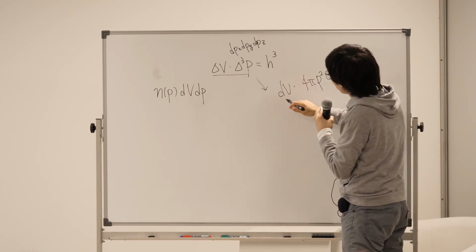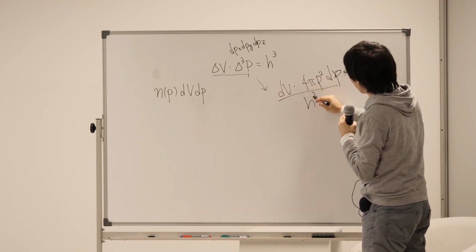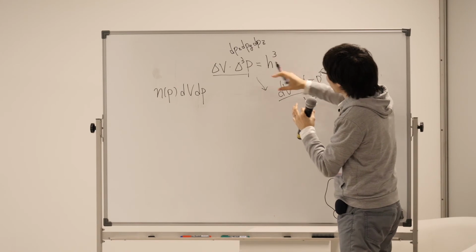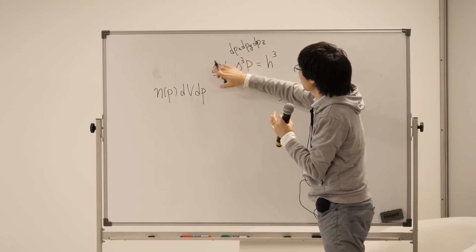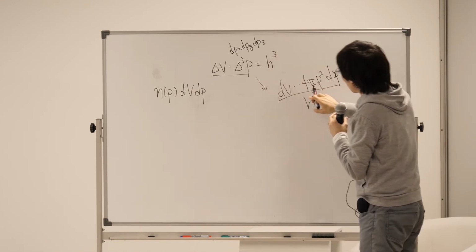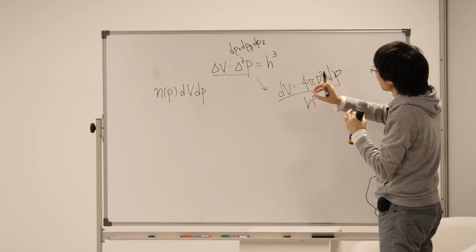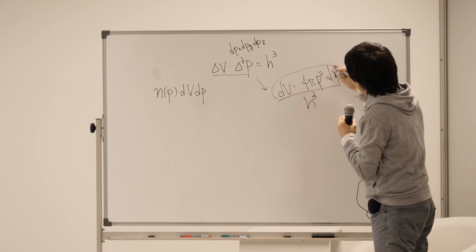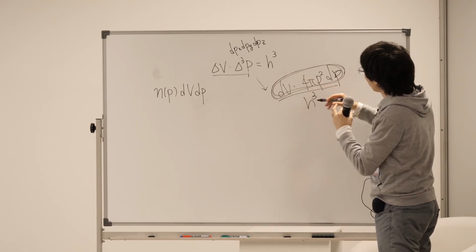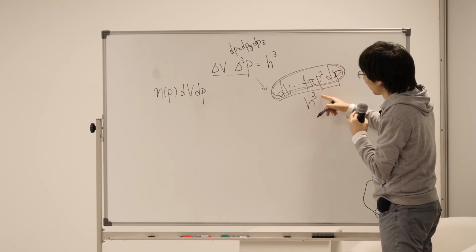So how many electrons in this volume can be written in this way, because one electron can occupy this in this condition. So the question is how many places you can have in this volume or in this space, and that should be what is divided by h to the third.